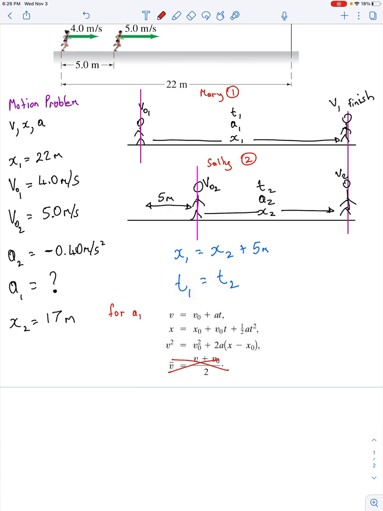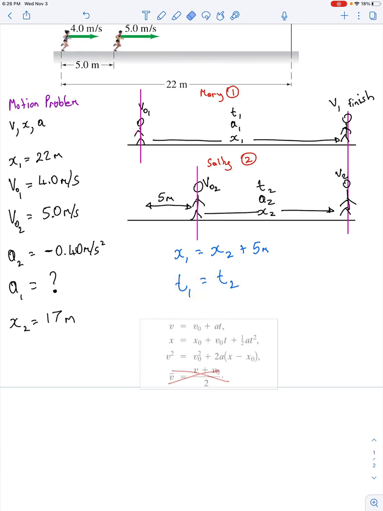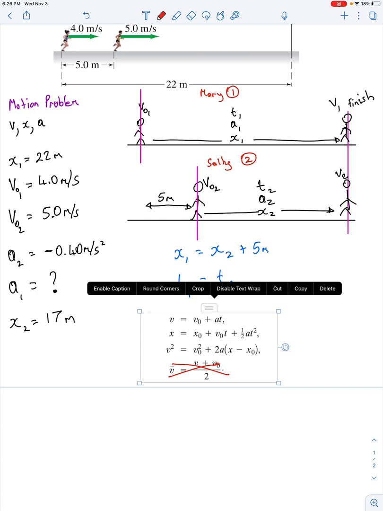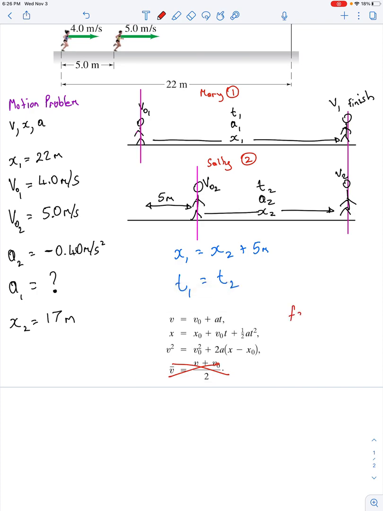Why did I mess my thing up? Hey, this is all live, baby. It's live. So I'm trying to write this for A1. I don't like how that looks. Sorry, I'm a stickler for this stuff. So we're looking for A1.